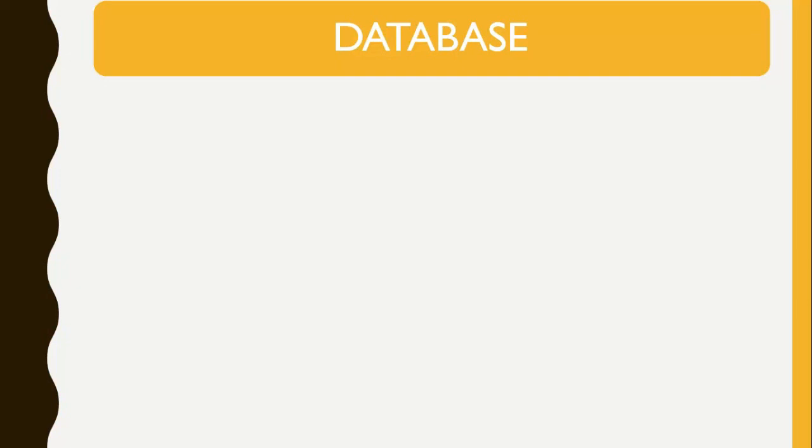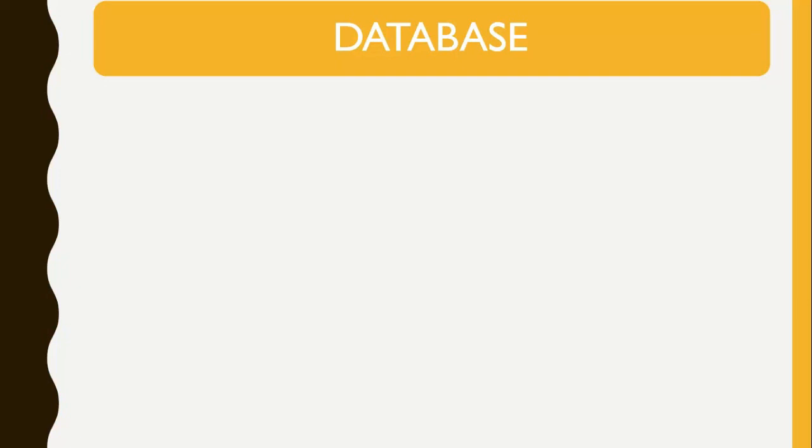Generally, data is a collection of raw facts and figures which don't have their own existence and meaning. And information is organized data. When we organize data in a systematic way, it becomes information.